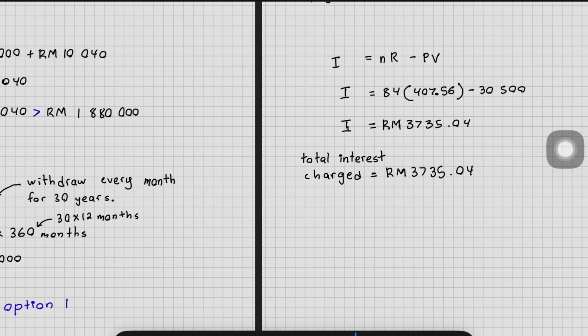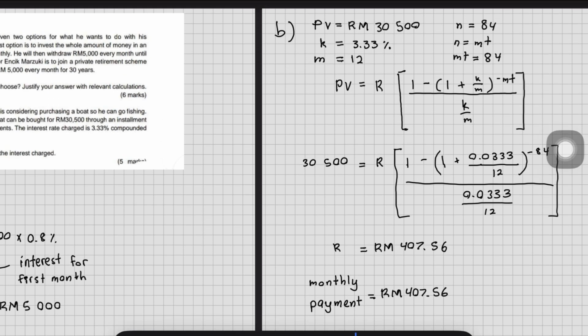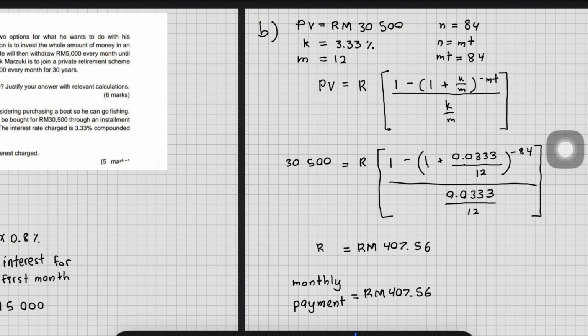For question B, Encik Mazuki wants to buy a boat that costs 13,500 ringgit through an installment plan by making 84 equal monthly payments, and the interest rate is 3.30% compounded monthly. So this is the formula to find the monthly payment.